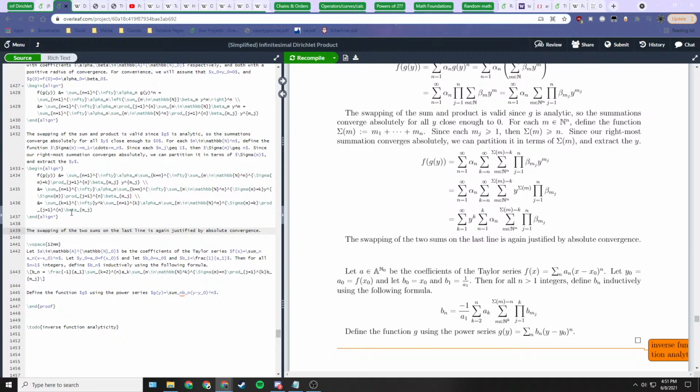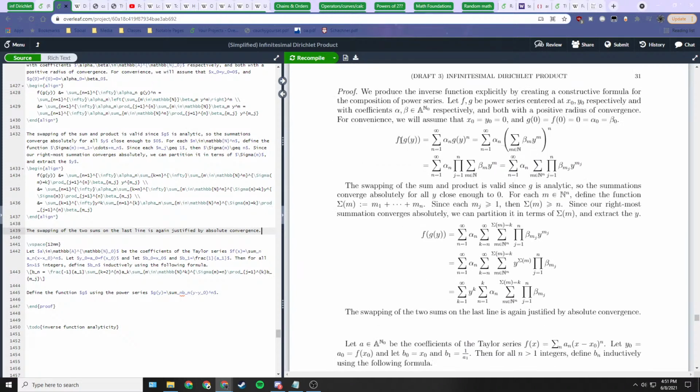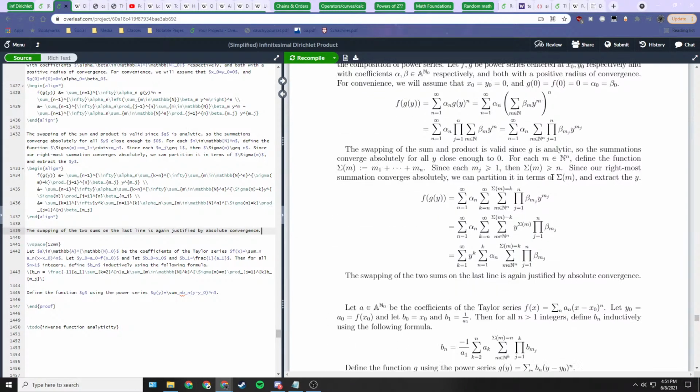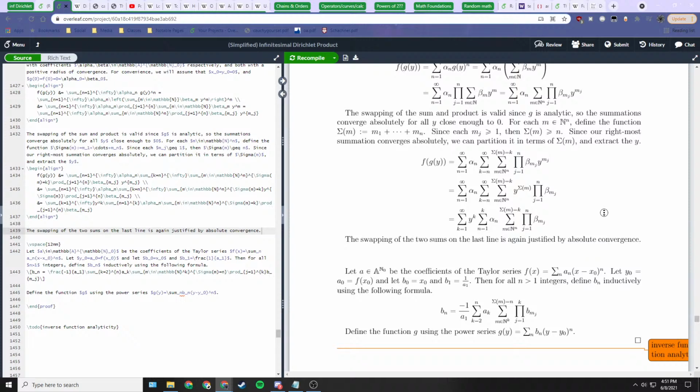Okay, so we've constructed this. To recap, we've done the composition. We swapped the sum and the product. We've partitioned this summation in order to extract these y's, and then we've swapped these two summations in order to pull this through. This is still valid.